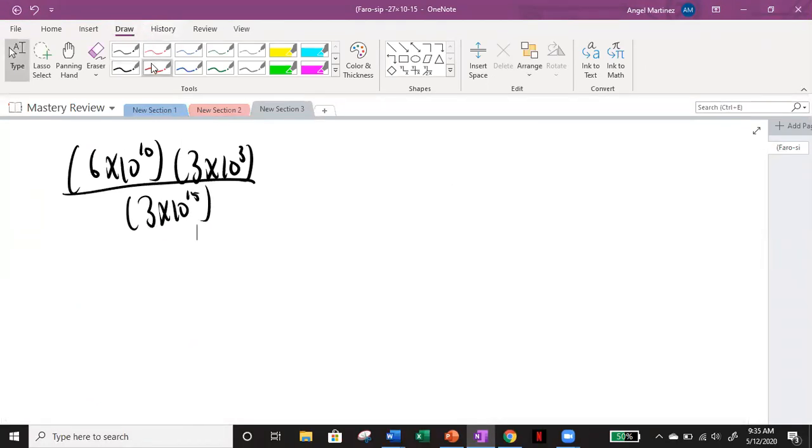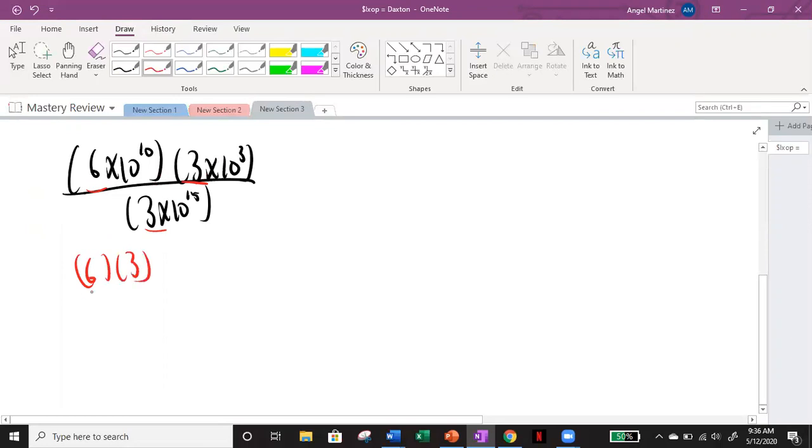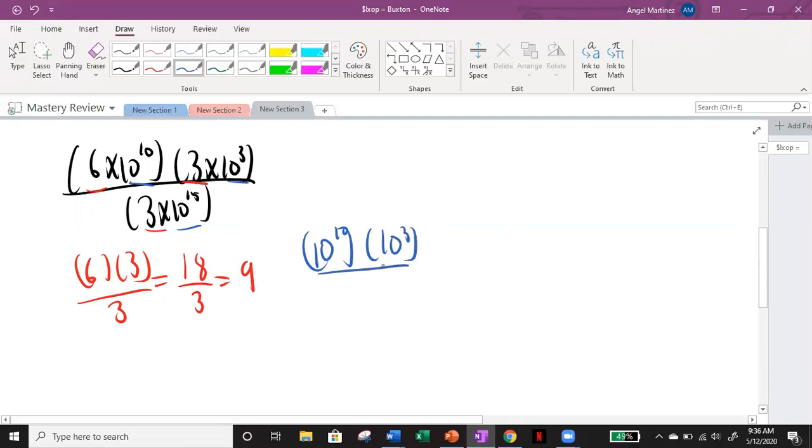So we're going to do the same thing as last time, focus on the whole numbers and then the exponents. With all the whole numbers, you can do the same pattern here. So you see we have 6 times 3 divided by 3. So just do this math. 6 times 3 is 18, divided by 3, that's 9. And then let's do the exponents. 10 to the 10 times 10 to the 3 over 10 to the 15.